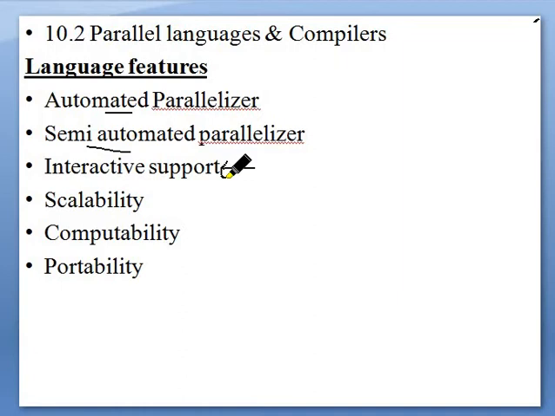Next one is computability. That means the capability of completing complex activities, that means complex tasks. If a computer or system is able to finish complex operations, it is treated as having high computability. Portability: can we move a language or a compiler from one platform to another platform?